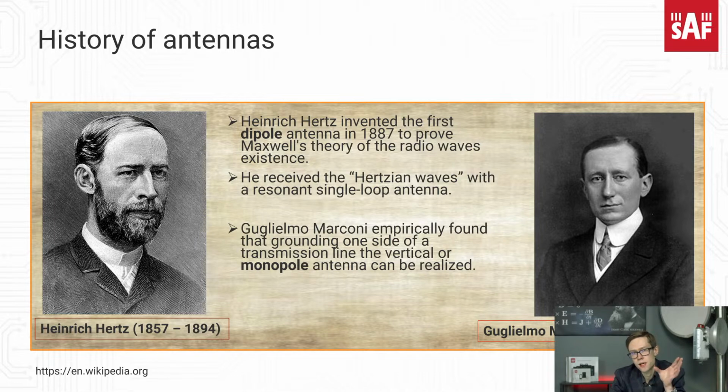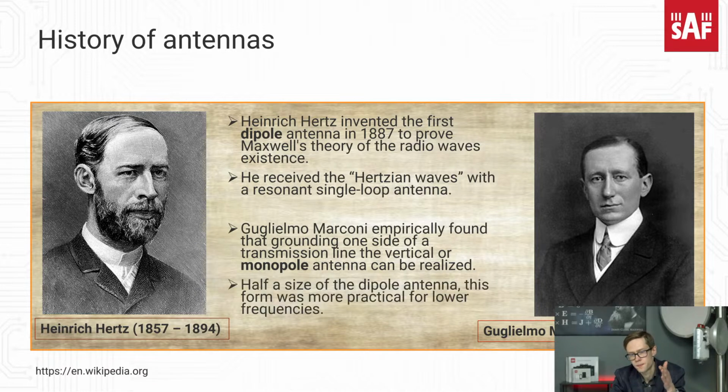And this type of antenna radiated a vertically polarized signal, which could travel longer distances. Actually, by grounding his antenna, he achieved minimizing its dimensions. So he cut the antenna dimensions in half compared to the dipole antenna.